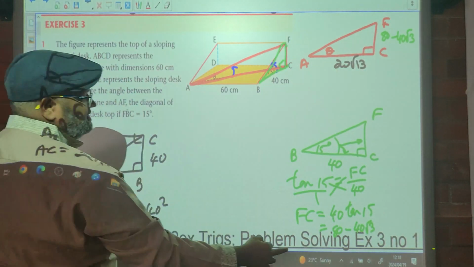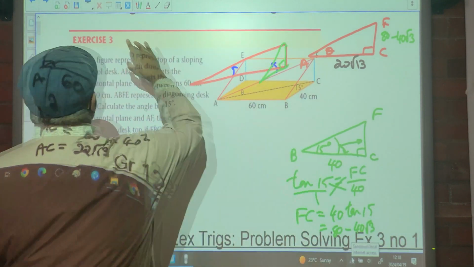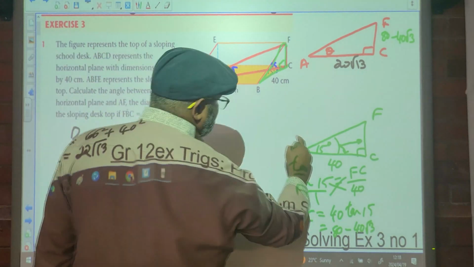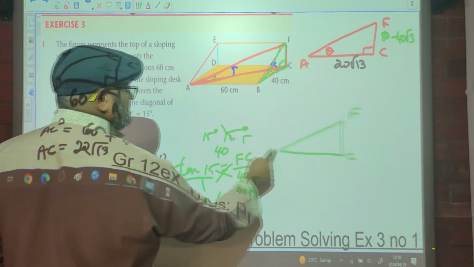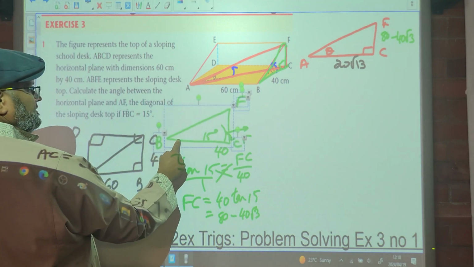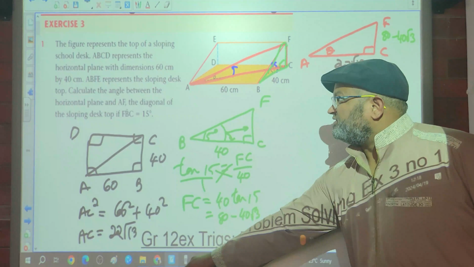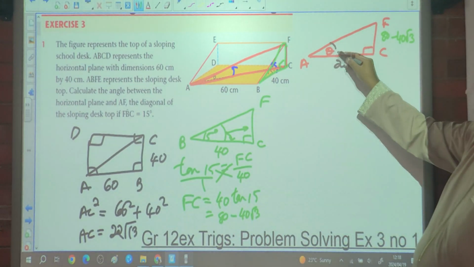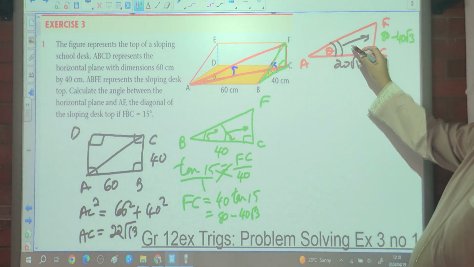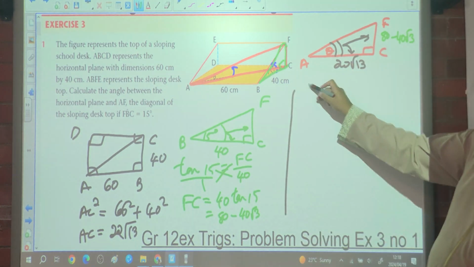Now what can we do? You would work out this angle by saying that is your opposite and adjacent. So which trigonometric function is that?